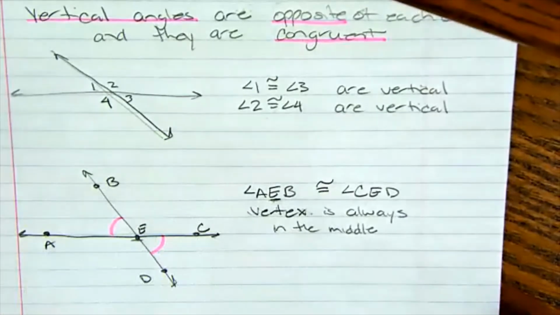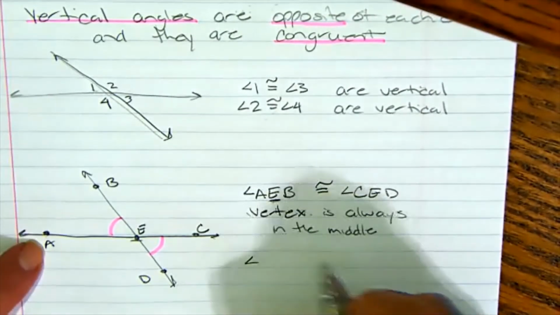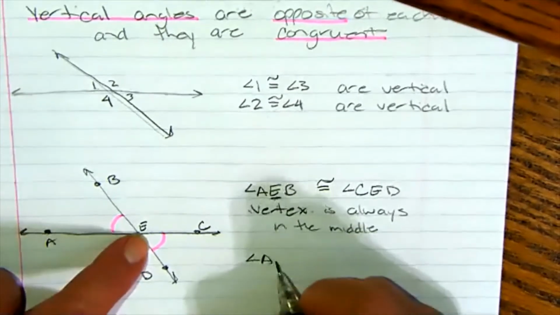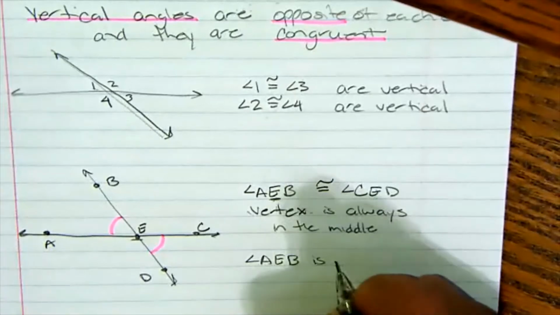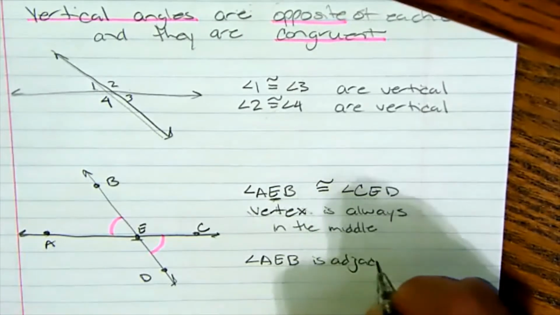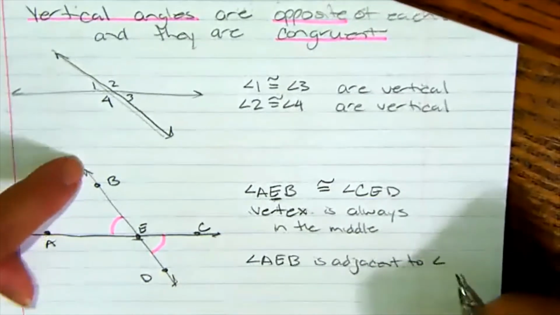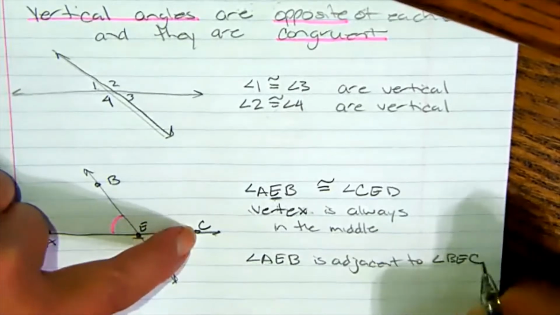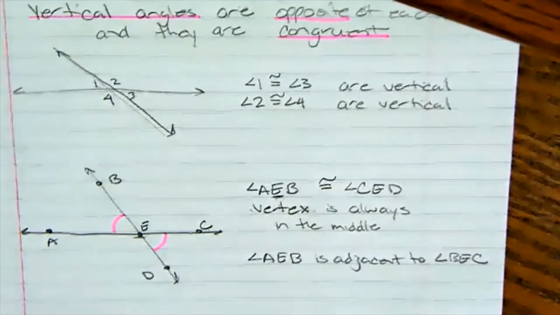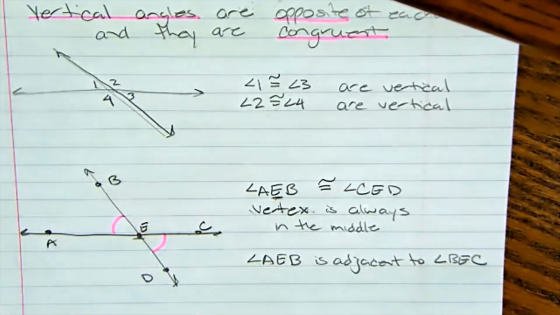Okay. And then we can also say angle AEB is adjacent to angle BEC. They're next to each other.